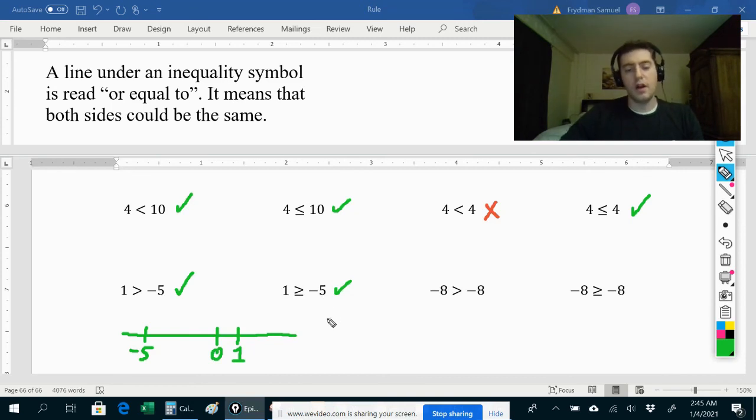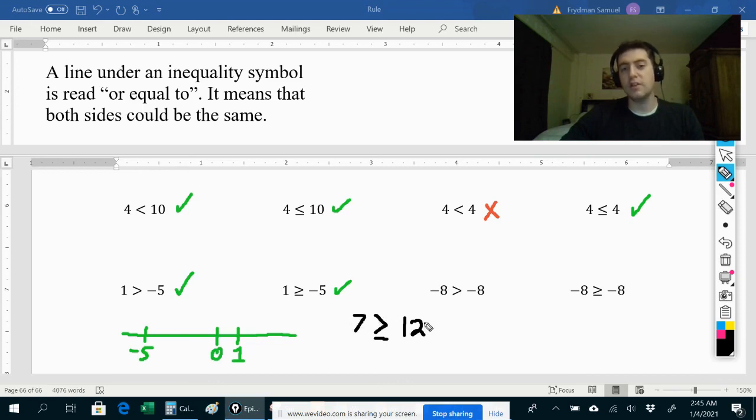All right. Now, let me just add one in here. What if I said, let me just use completely different numbers, 7 is greater than or equal to, I don't know, 12. Okay, so this is like two statements, right?